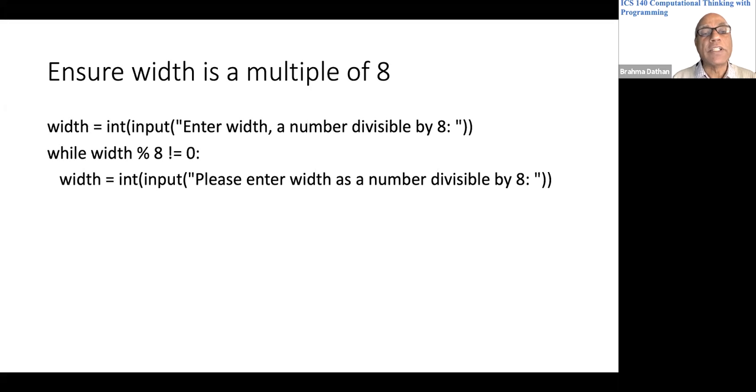That is what we want. If it is not 0, we continue the loop. We enter the loop and ask for a number that is divisible by 8. If this new value is also not divisible by 8, we iterate further. And below this loop, you can process this value. So that is input validation.